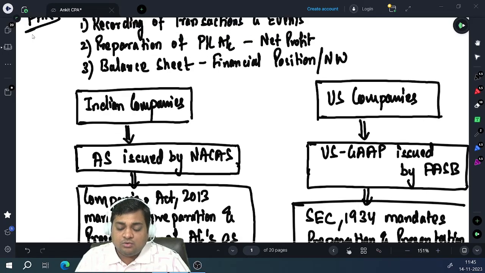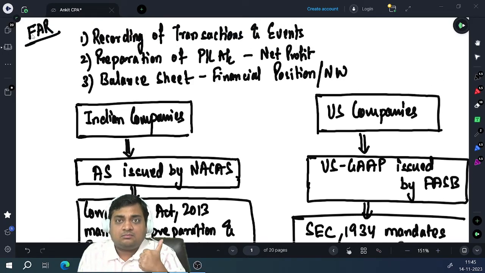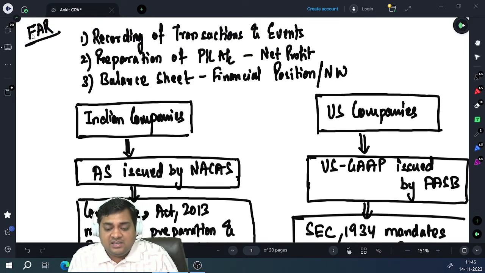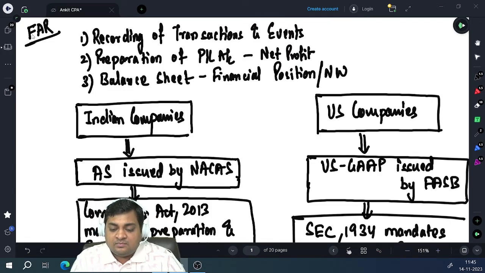So when we do accounting for Indian companies, we have to follow accounting standard issued by NACAS. NACAS delegates its responsibility to ICAI, and it is the company law which tells. Accounting standard never tells follow me.